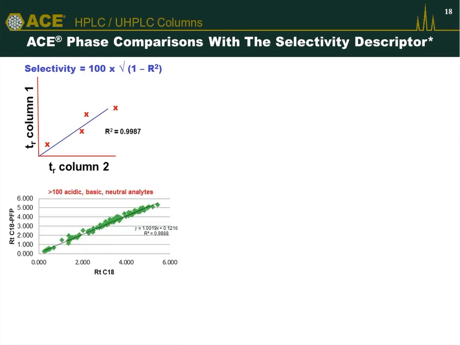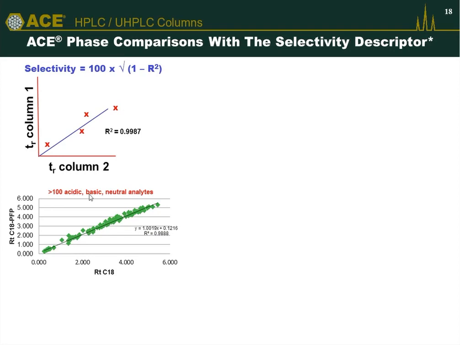So here are the data that we use in our labs when we were looking at the selectivity value for the C18 PFP versus the C18, the ACE materials. So we use 100 analytes, 102 analytes in our training mixture.